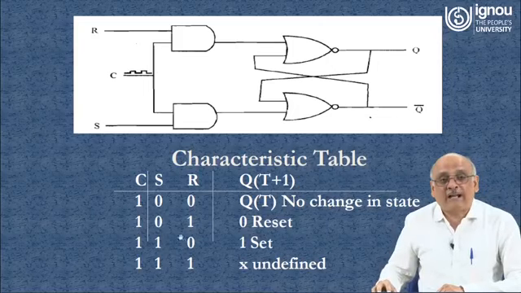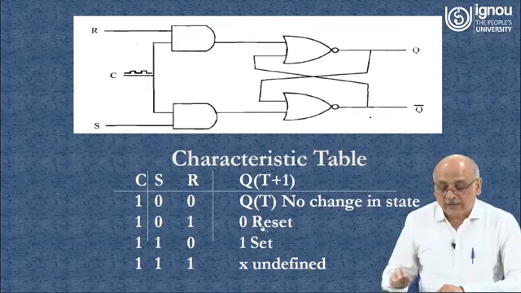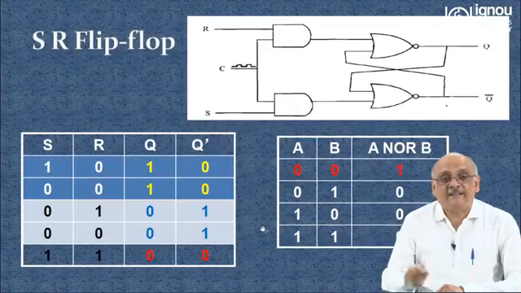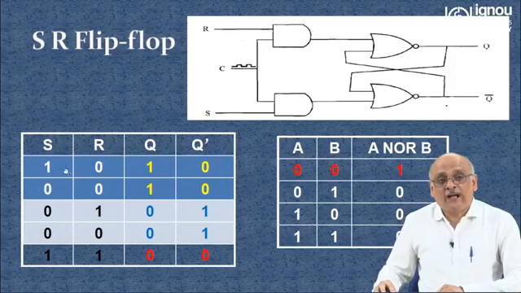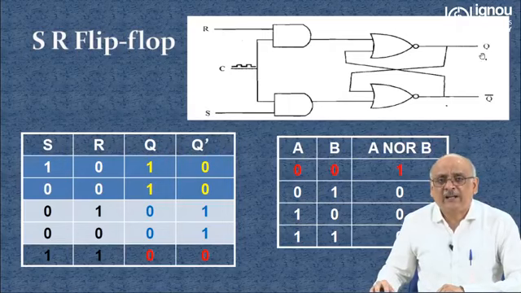Now let's see what happens when S happens to be 1 and R happens to be 0. This is called the set state. So S goes to 1, that is what we are assuming. So the flip-flop should move to the set state irrespective of this particular state, what we say Q. As soon as S goes to 1, what happens?